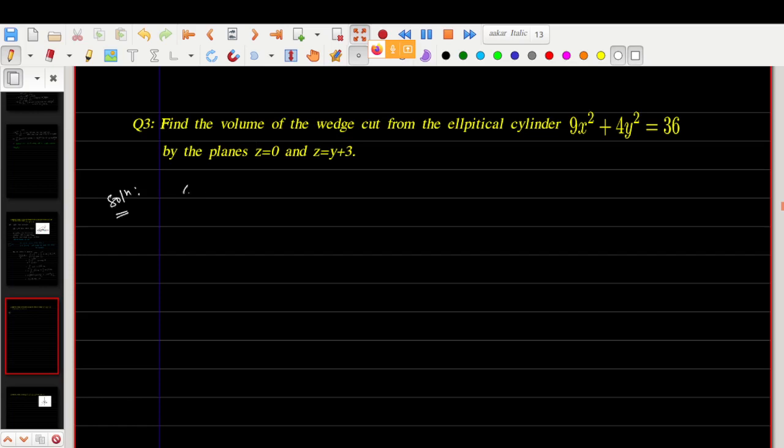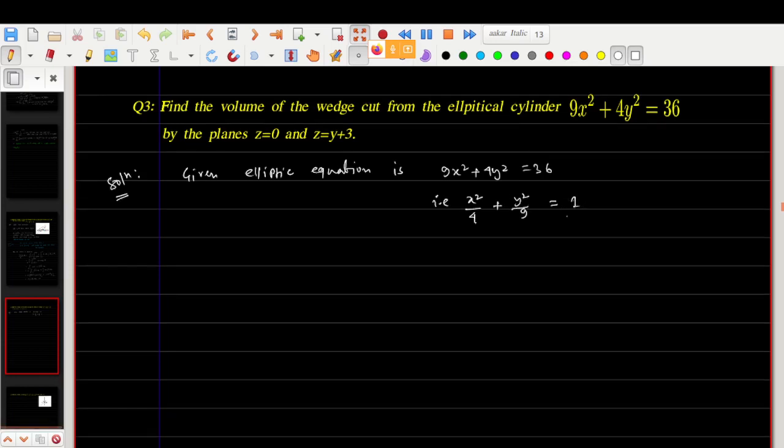So the given elliptic equation is 9x square plus 4y square equals 36, that is x square by 4 plus y square by 9 equals 1.